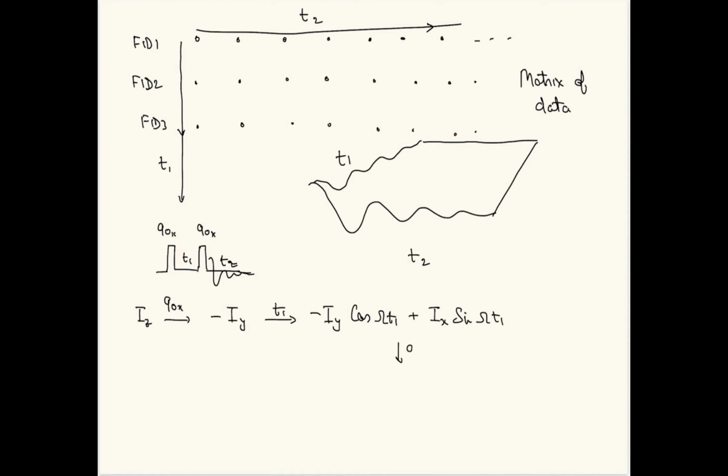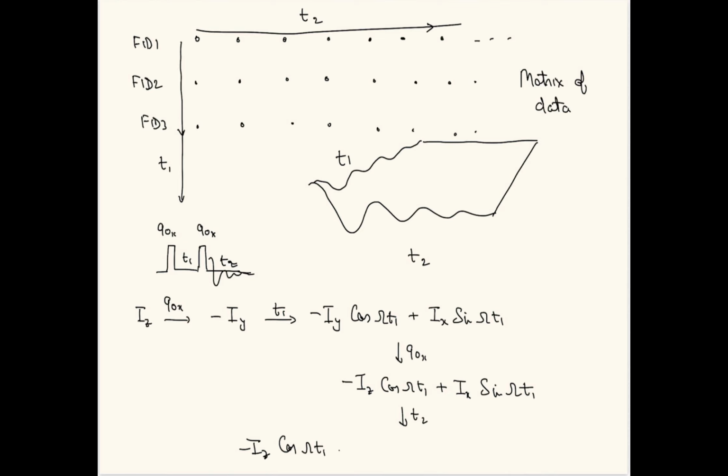Now if I have a second 90-degree pulse, again 90x, y gets converted into z, so I have minus Iz cos omega t1, and x remains as x because this is an x pulse, plus Ix sine omega t1. Then if I have the second evolution t2, I get minus Iz cos omega t1.